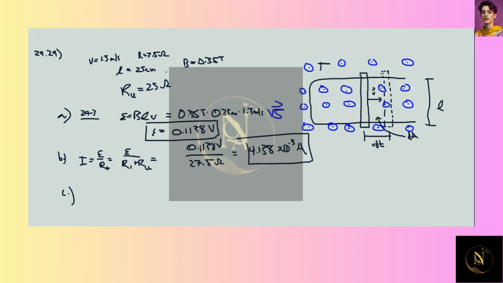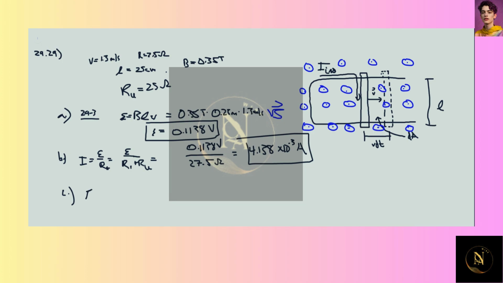So the I induced is going down the rod, and using the V cross B to find the force of the magnetic field gives you a force pushing to the left. To keep the rod moving, there must be an equal external force to the right.